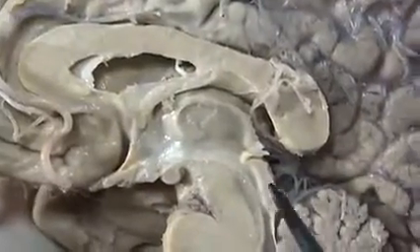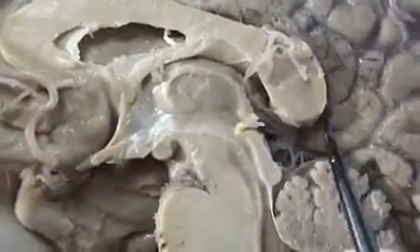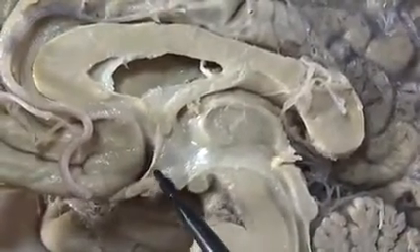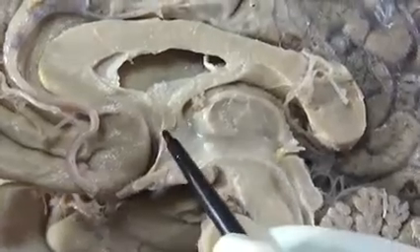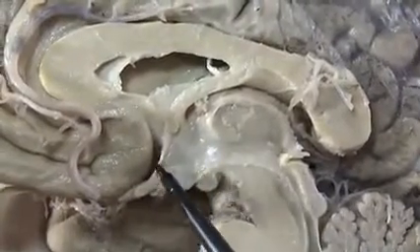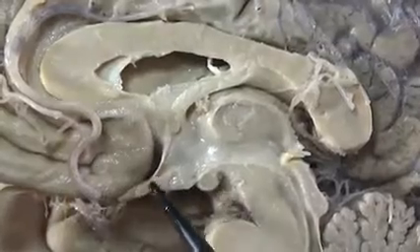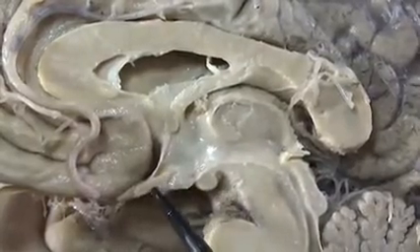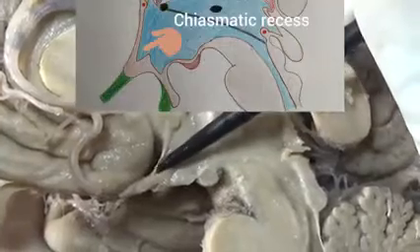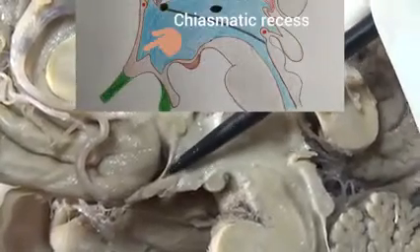Now let's understand the recesses related to the third ventricle. It has 5 recesses from before backward. The first one is in relation to the optic chiasma, situated at the junction of the anterior wall and floor. This is the lamina terminalis, which is forming the anterior wall, and this is the optic chiasma, which is forming the floor. In between these two you can see a blind diverticulum. This is the chiasmatic recess.